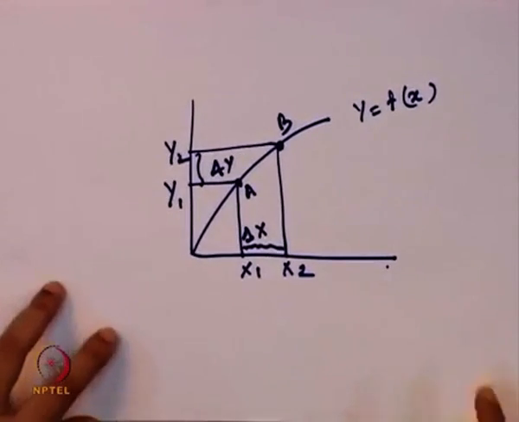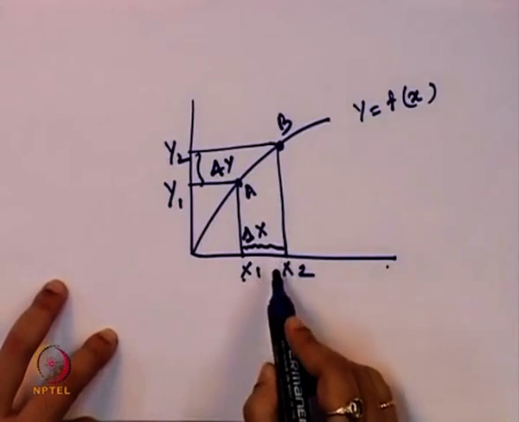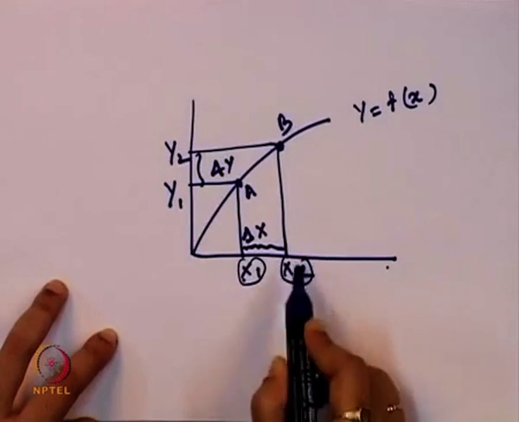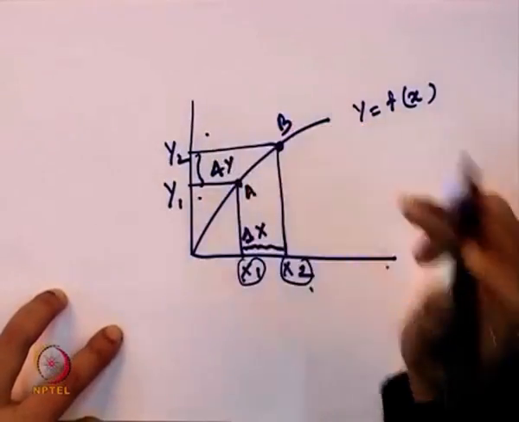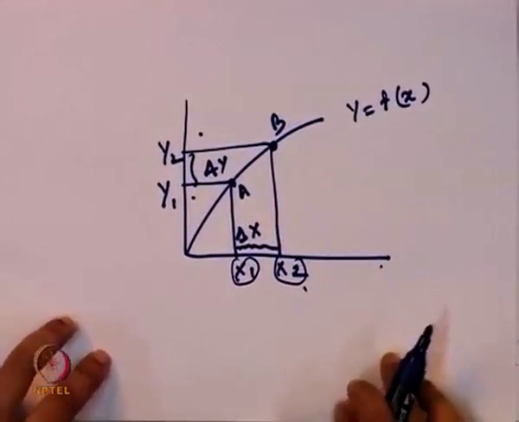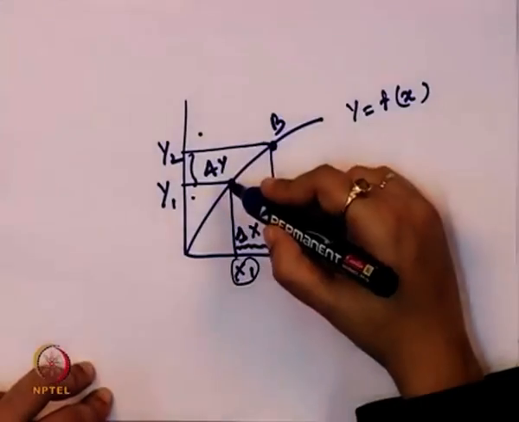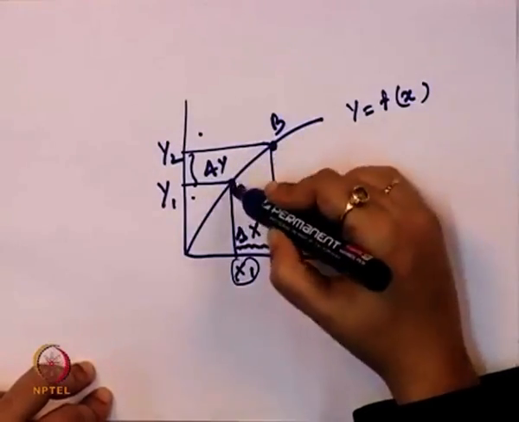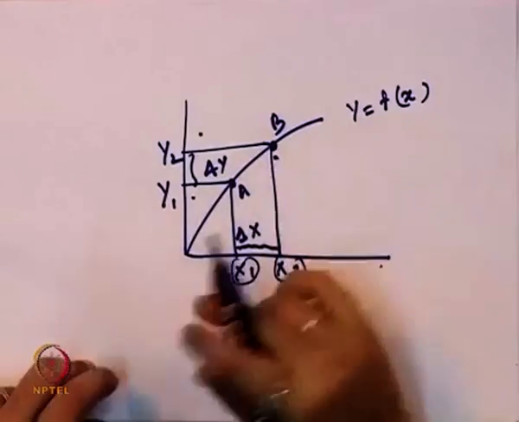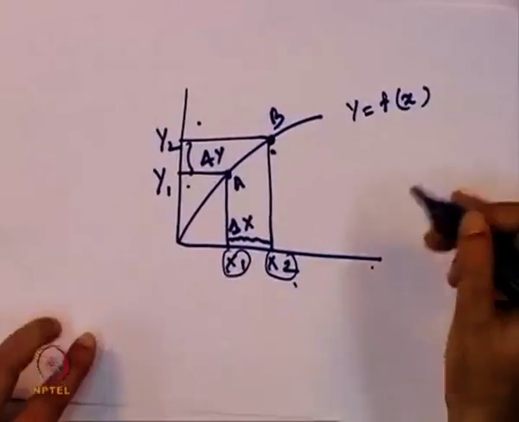Now, when x increases from x1 to x2, y increases from y1 to y2. So, the demand function shifts from point A to point B. In here, what is del x?